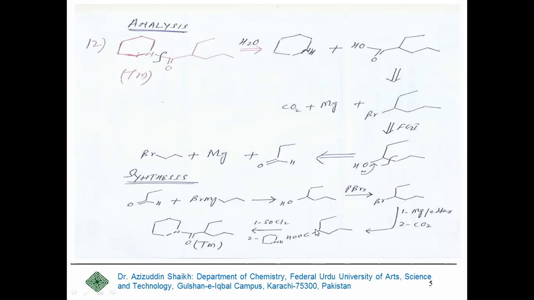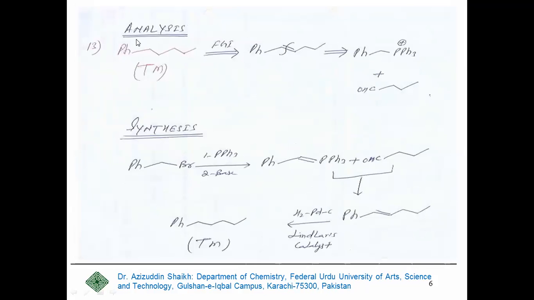Why are you converting to acid chloride? Because carboxylic acid is less reactive, but its derivative, acid chloride, is more reactive. So first you will convert it into the more reactive derivative, then it is converted into amide.